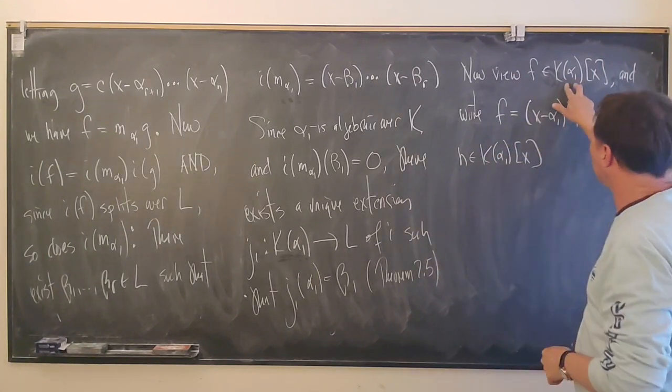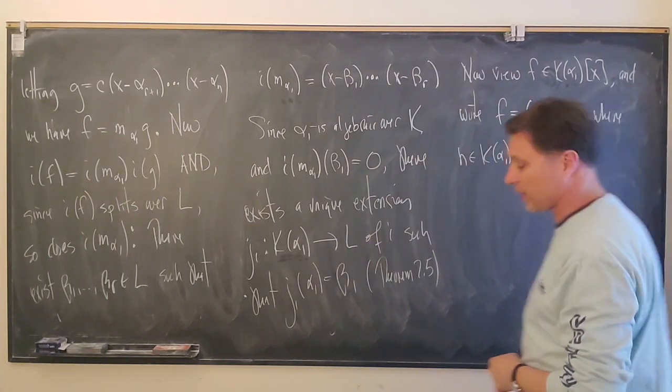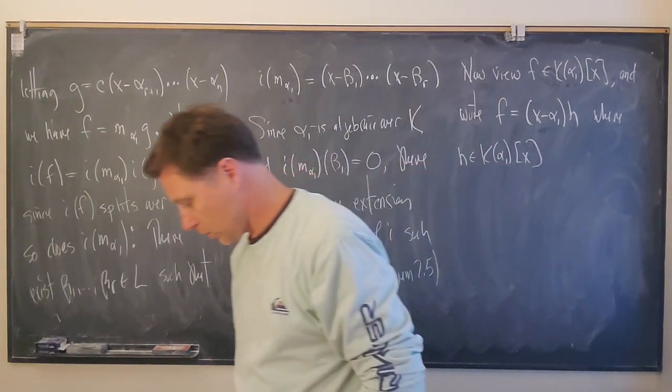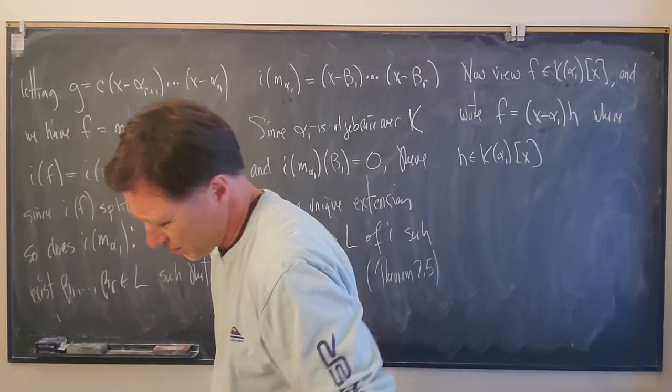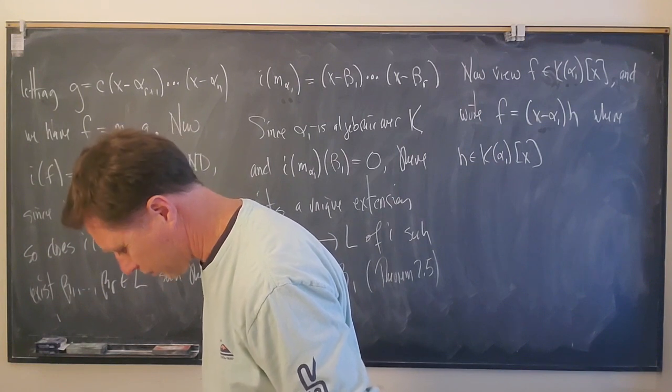Alpha 1 lives in here, so we can pull off an x minus alpha 1. I'm just using the division algorithm there.